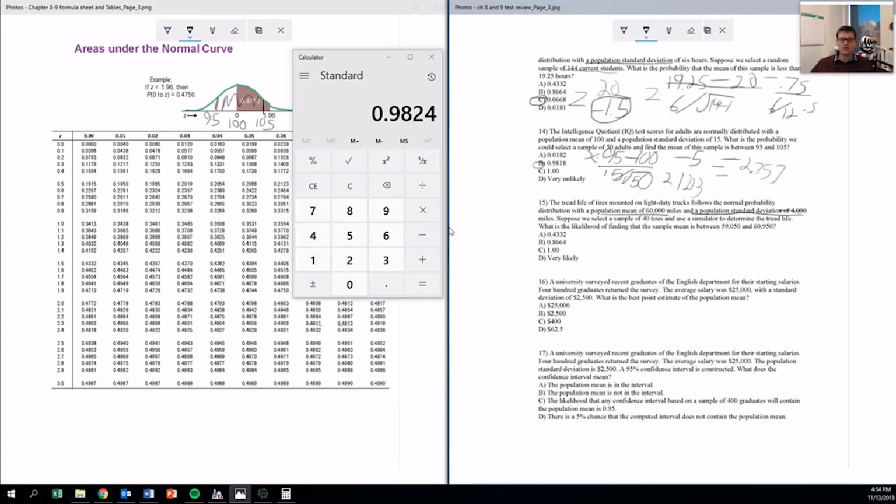Okay, so we've got x bar, which we're going to do 59,050, and then we can also do 60,950 minus 60,000 over, and once again we're using the same exact z-score formula. We're going to be using this z-score formula over and over again.